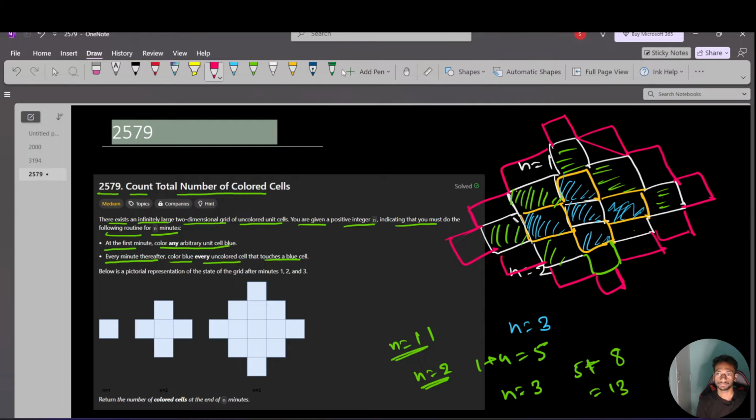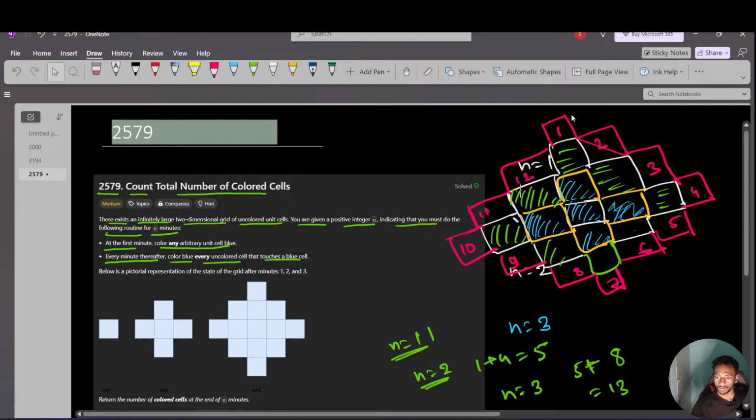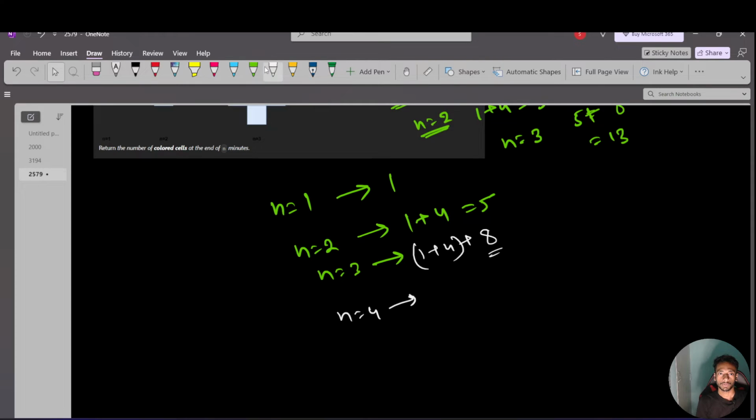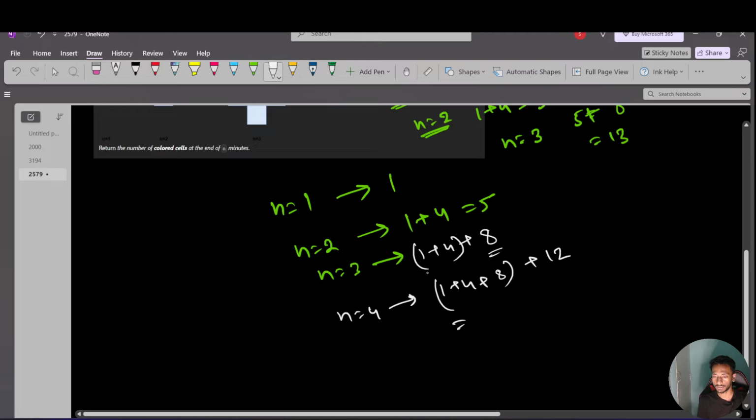How many in total? 1, 2, 3, 4, 5, 6, 7, 8, 9, 10, 11, 12. So 12 new cells are added for n is equal to 4. So you can see that our total number of colored cells is from the previous minutes, 1 plus 4 plus 8, and newly added 12. Got it? So now we are getting the pattern.